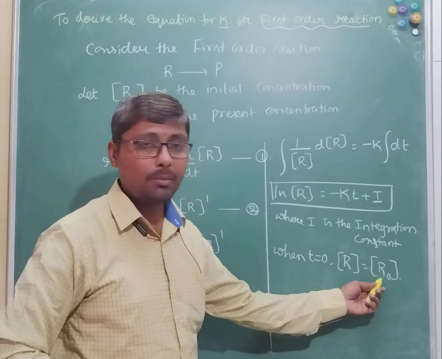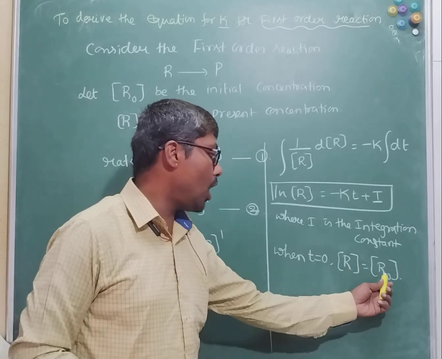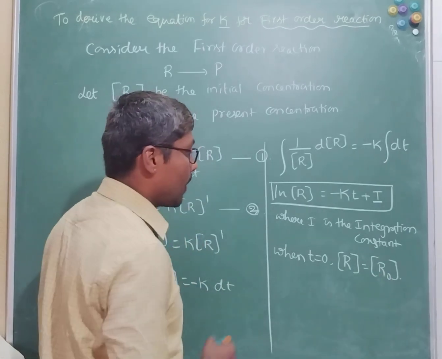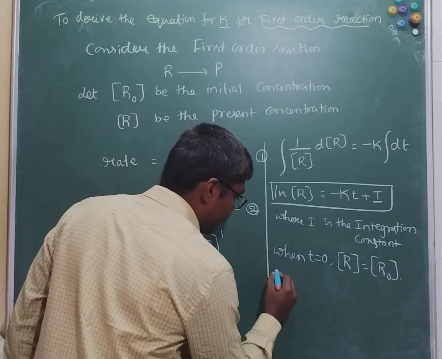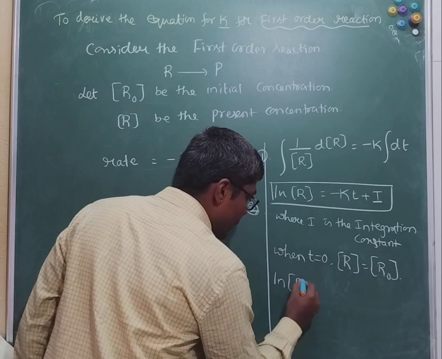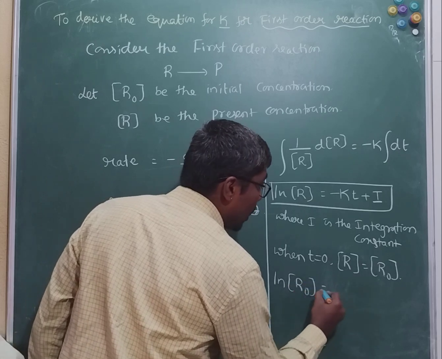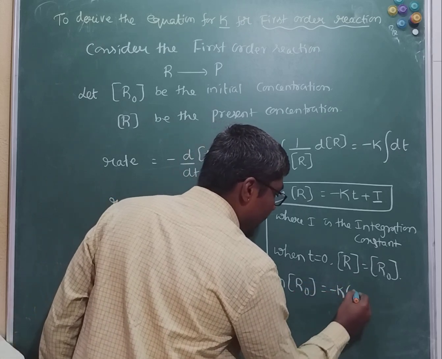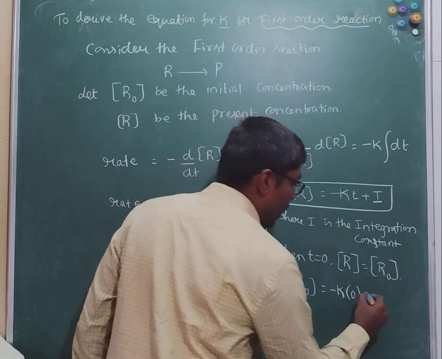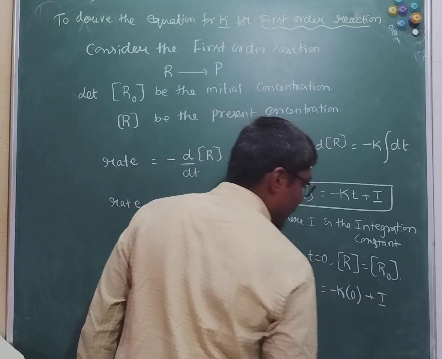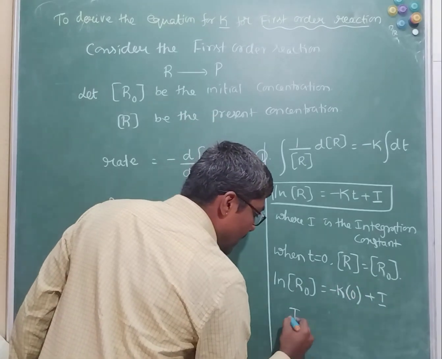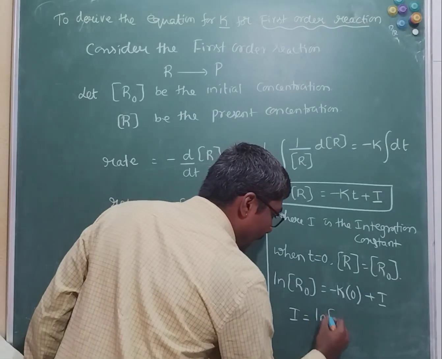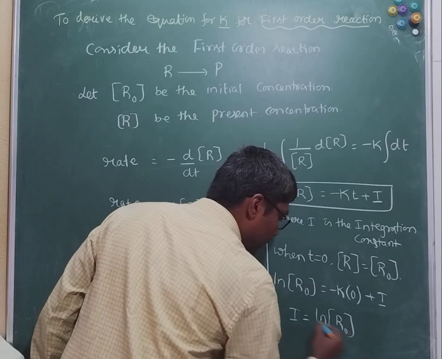Mathematically, concentration of R is equal to concentration of R naught. Let us substitute this in the above equation. Ln R naught is equal to minus K into 0 plus I. Anything multiplied by 0 is 0. So I is equal to ln R naught.